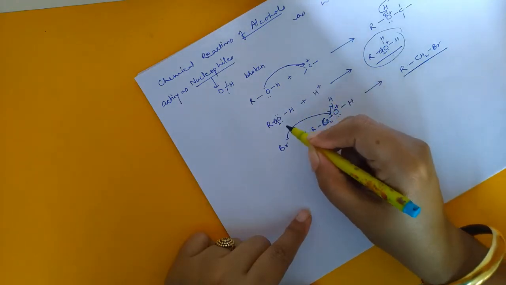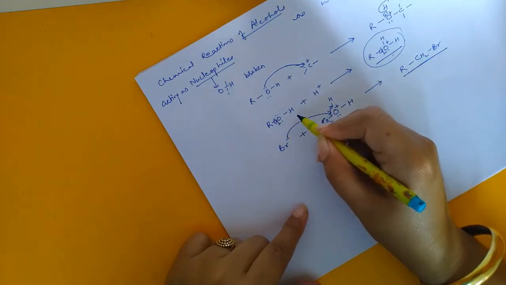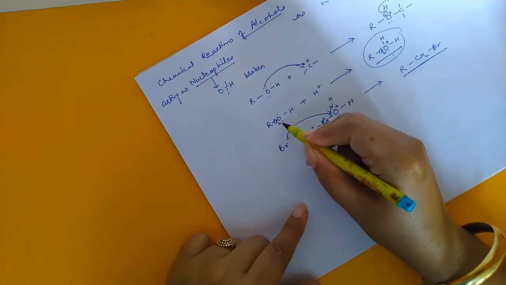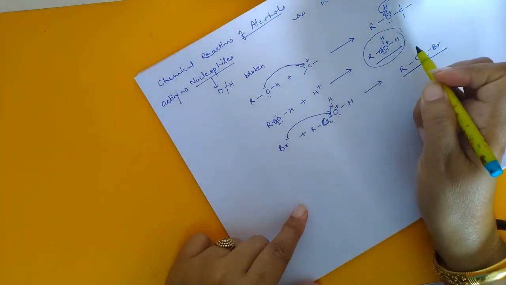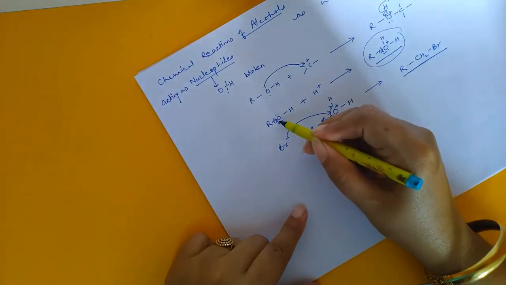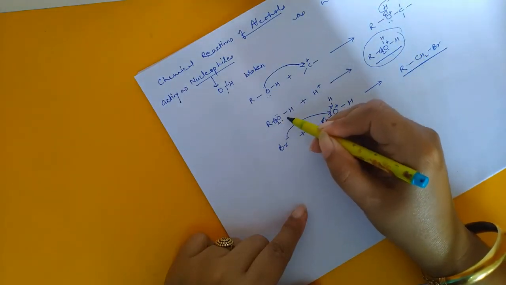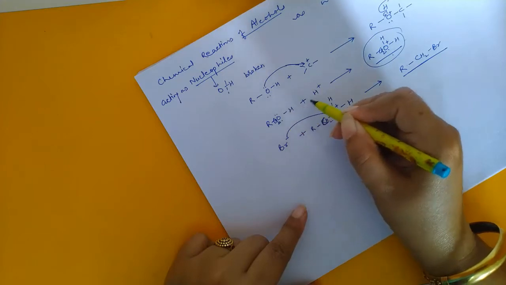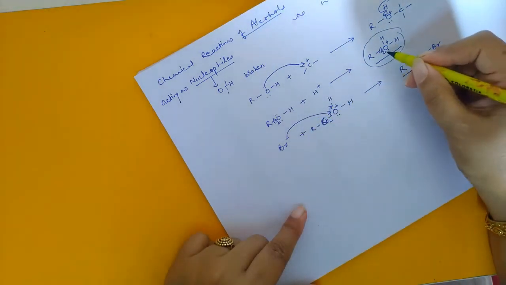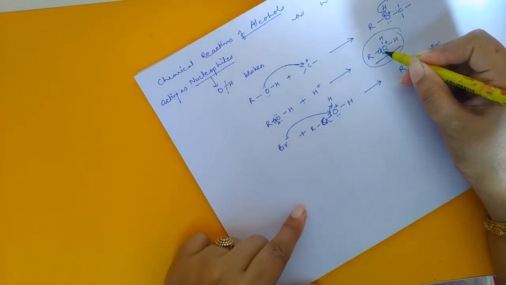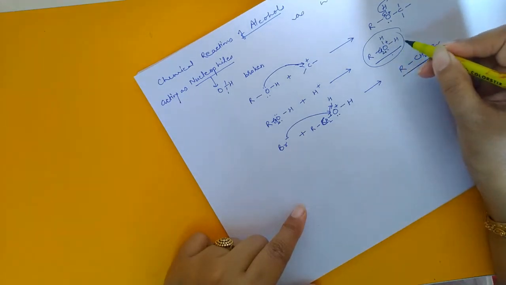Now what if alcohol is acting as an electrophile? Alcohol may act as an electrophile also, but in the protonated form. Protonated form in the sense, like here we can see RCH2OH. Now when a hydrogen ion comes to it, it will protonate it. So oxygen is now carrying only one lone pair with a positive charge.